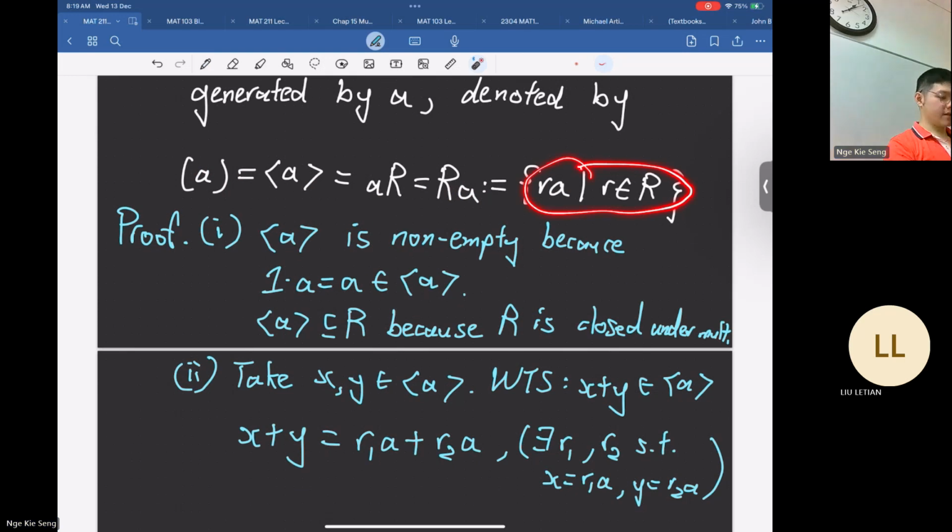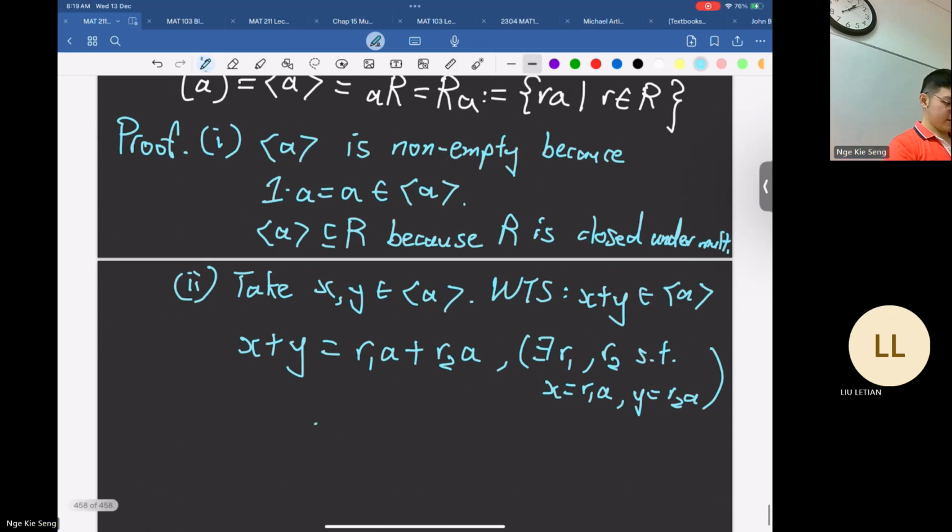Make sense? Then I want to show that x plus y is again r times something, some r times a. Can I do that? I can use distributivity in my ring.